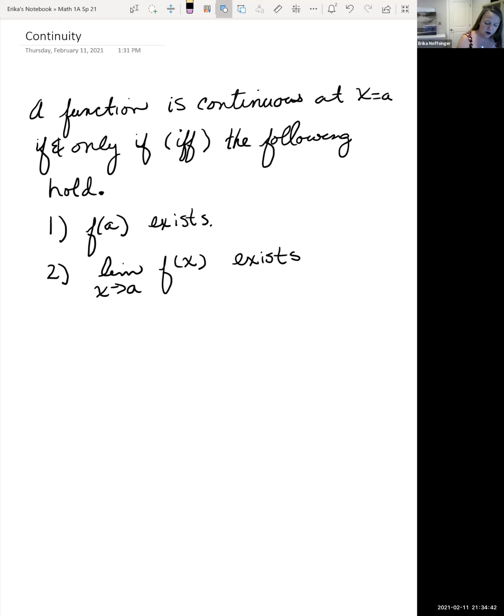And so recall the stipulation: in order for a limit to exist, we need to show that the left-hand side and the right-hand side agree. So the limit as x approaches a on the left is equal to the limit as x approaches a on the right.